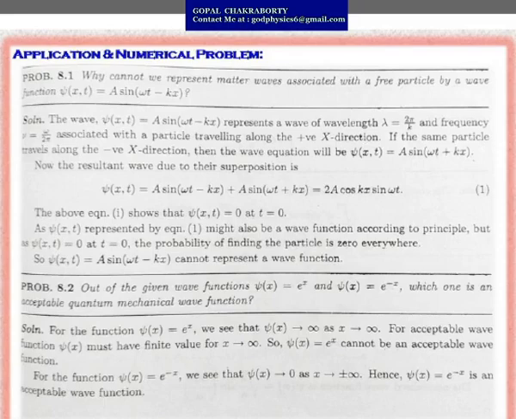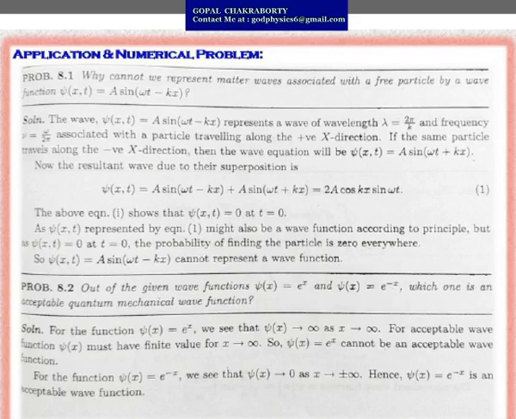Psi represented by equation 1 might also be a wave function according to the principle, but as psi equals 0 at t equals 0, the probability of finding the particle is 0 everywhere. So psi equals a sine omega t minus kx cannot represent a wave function.